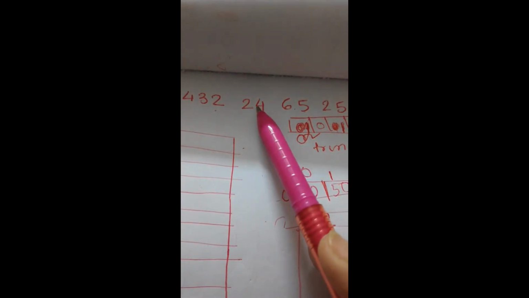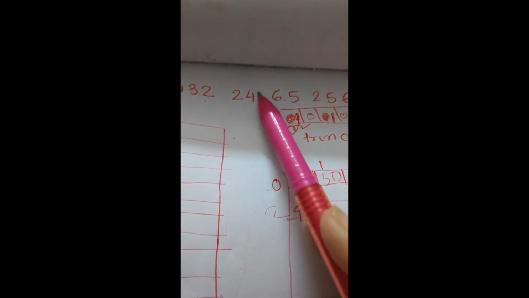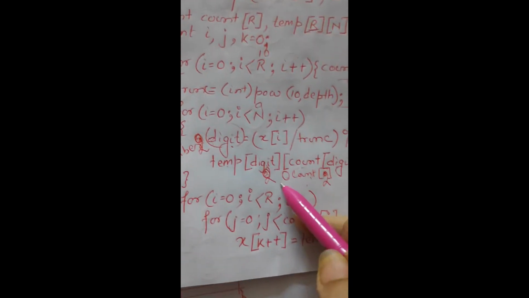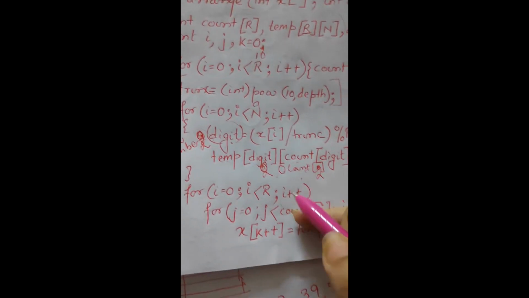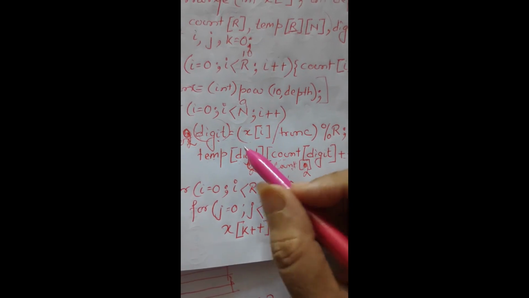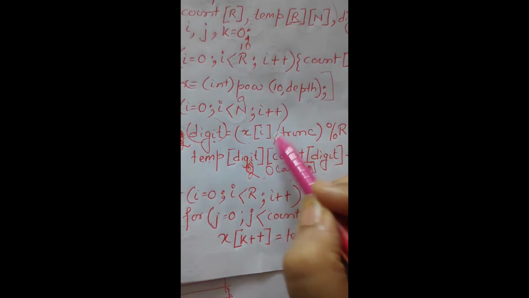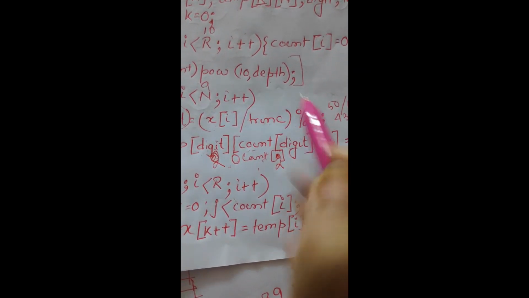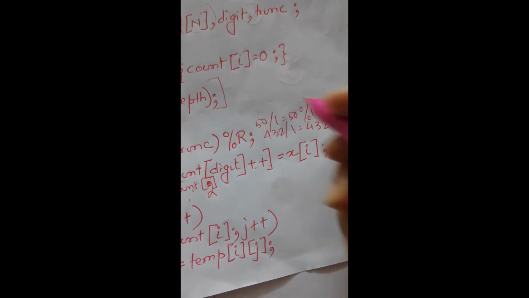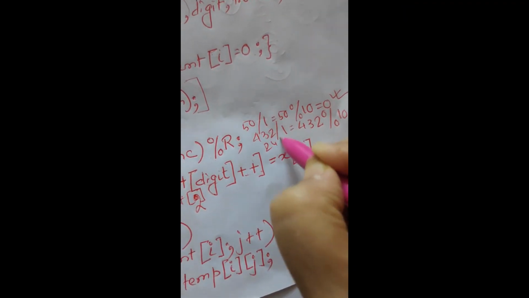Correct? Similarly, when we come to the next number as 24, we get the digit 4. Applying this formula, 24 divided by 1 mod 10 gives us 4.